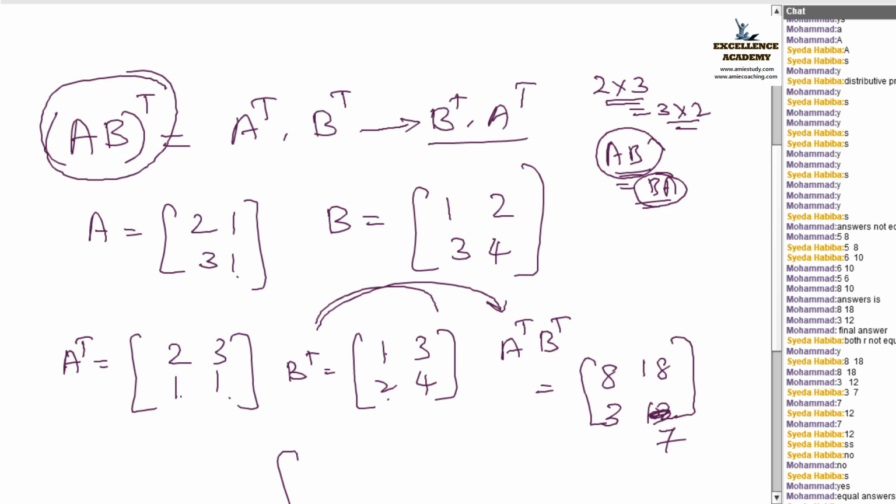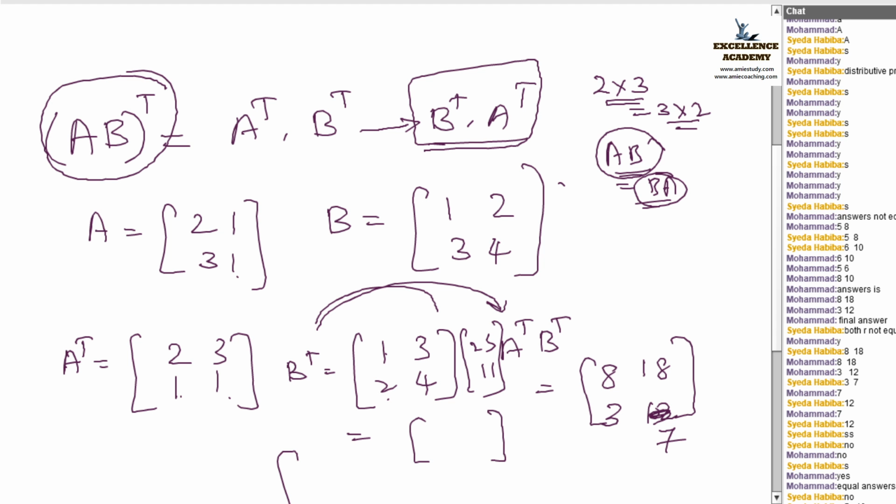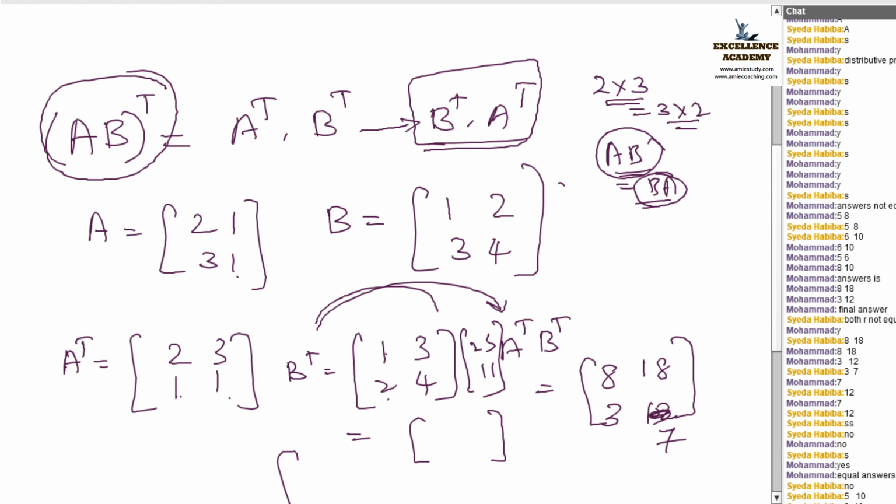So, you just find out B transpose into A transpose. What are you getting? That is, you need to multiply 1, 3, 2, 4 with 2, 3, 1, 1. What are you getting?